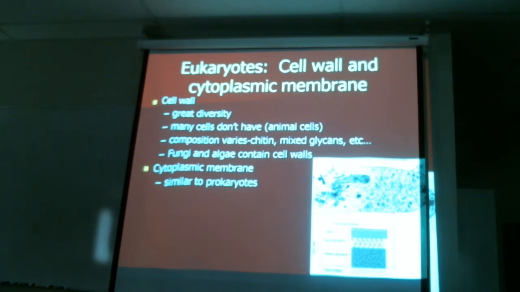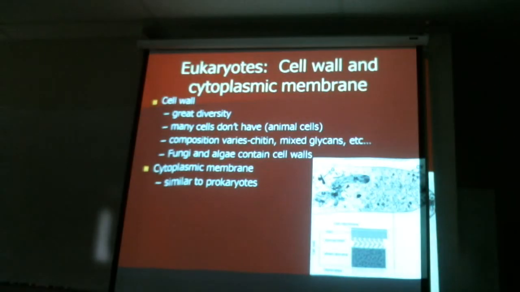Now, most eukaryotic cells don't have a cell wall that we've talked about in the past. Some of these microorganisms that we'll talk about do have a cell wall. If they have a cell wall, there's a lot of diversity as far as the composition. I do want you to know the chitin mixed glycan, so highlight that part.